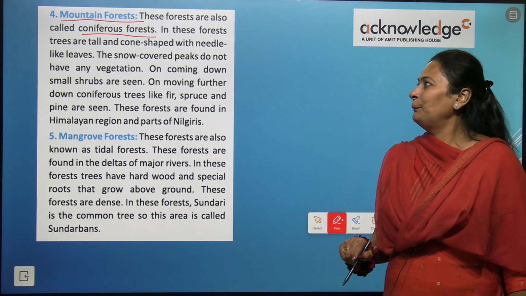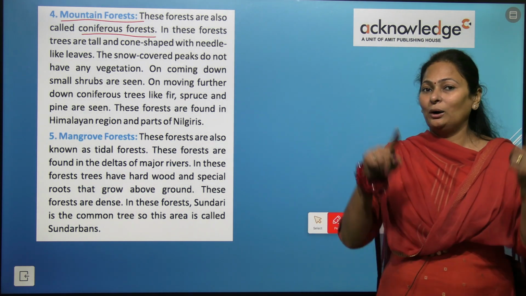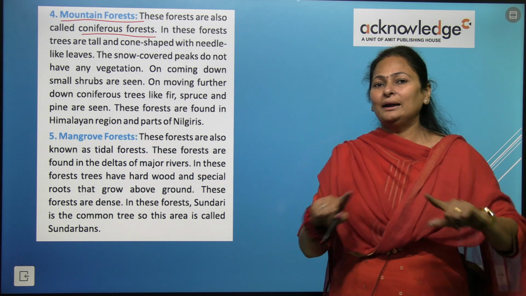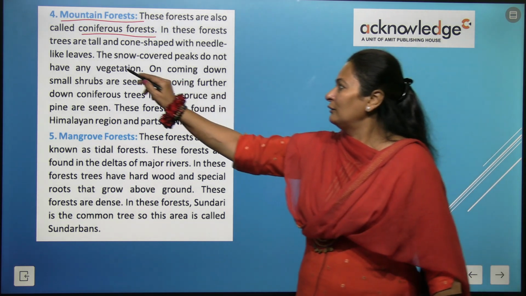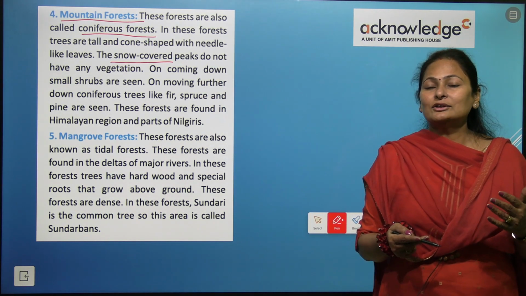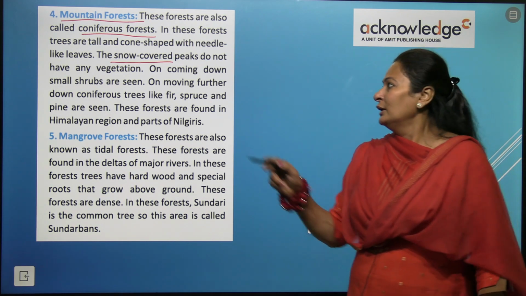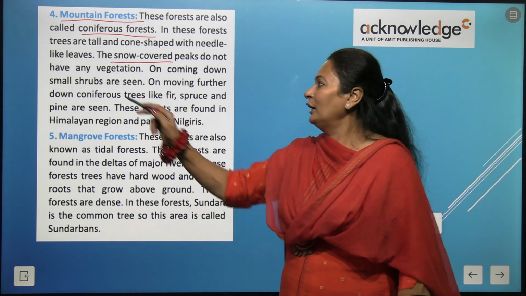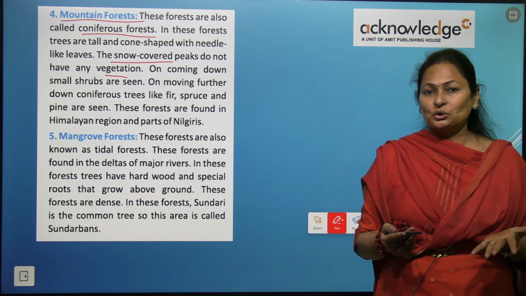The snow-covered peaks do not have vegetation. Now, again the Himalaya ranges. The first one is the Greater Himalaya that is covered with snow throughout the year, right? You remember that? So this range does not have any vegetation because it is covered with snow.